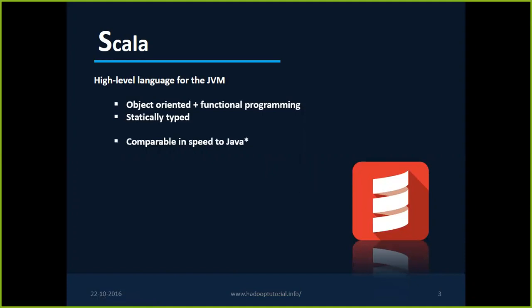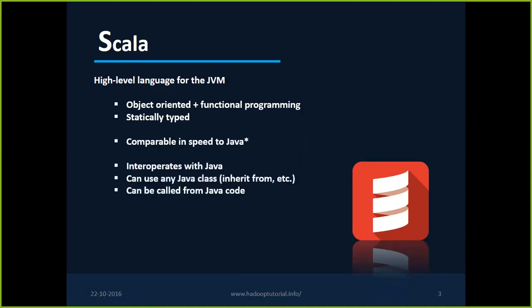It is comparable in speed to Java, and one very good advantage with Scala is that it interoperates very well with Java. That means you can use your existing Java classes, Java methods, everything inside your Scala programs, and vice versa.